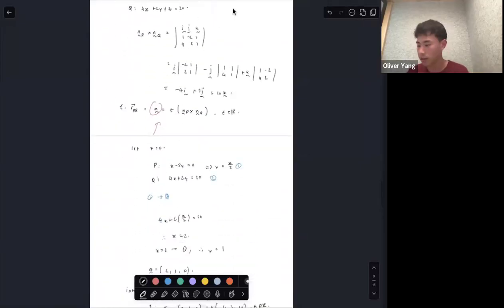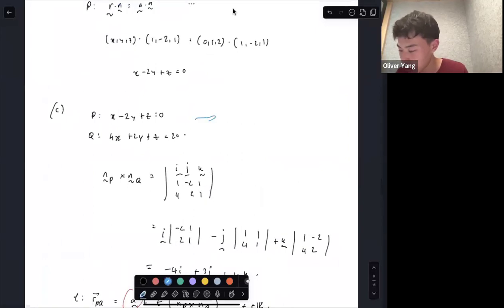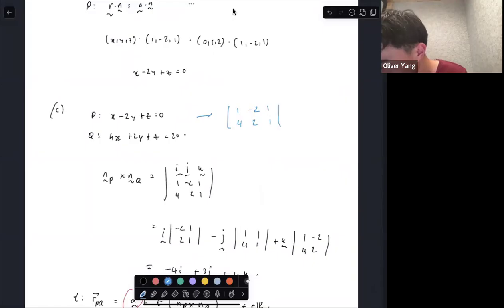The way that you do it is also fine. There's another way you can also do it: you can use Gauss on this. So you can write 1, -2, 1, 0, 4, 2, 1, 20.